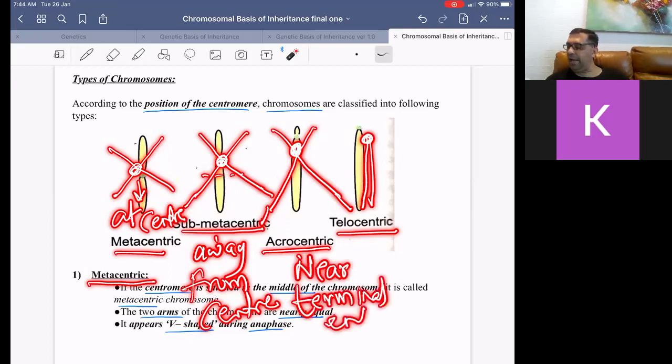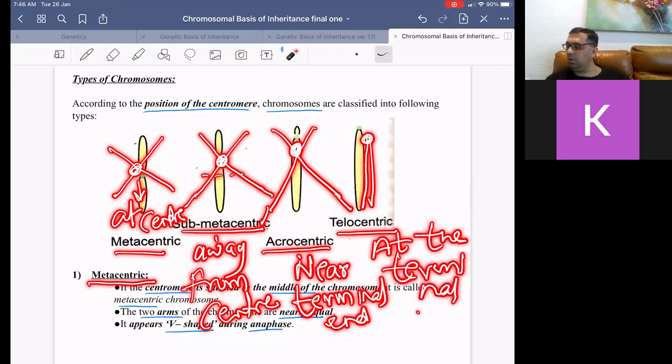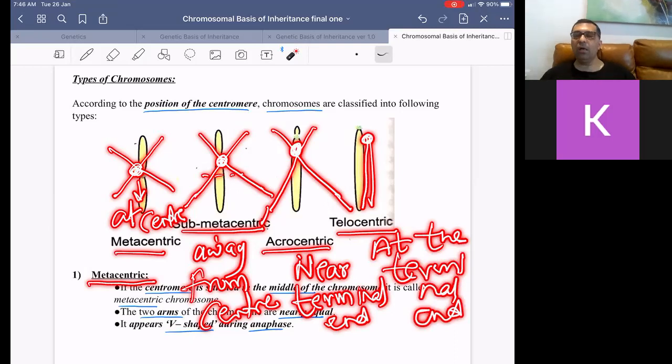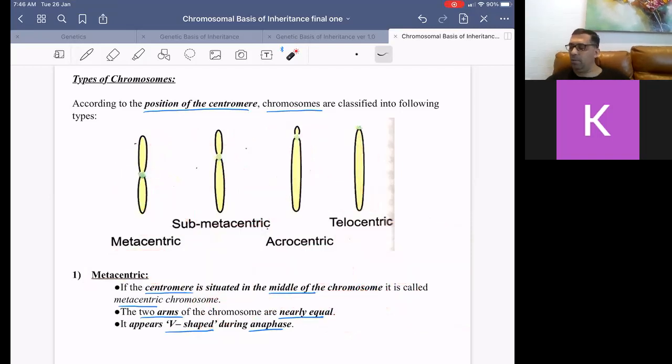And telocentric is at the terminal end. So once again, metacentric at the center, submetacentric away from the center, acrocentric near the terminal end, telocentric at the terminal end. Let's do it again.